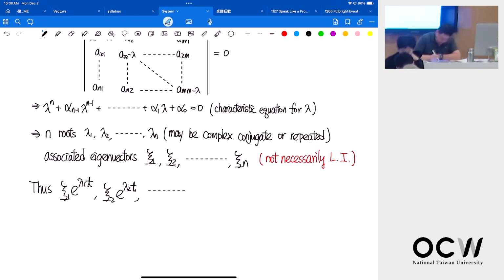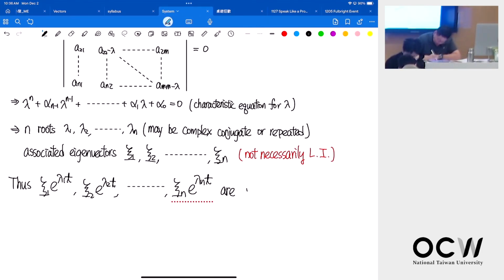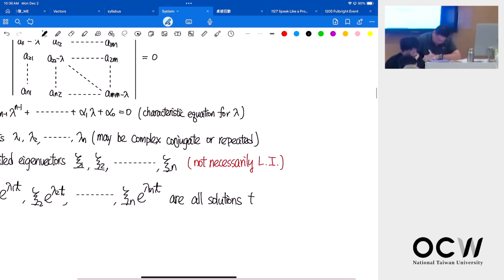For these n terms, they are all solutions to this system's differential equation, the homogeneous system with constant coefficients, X prime equals A x.